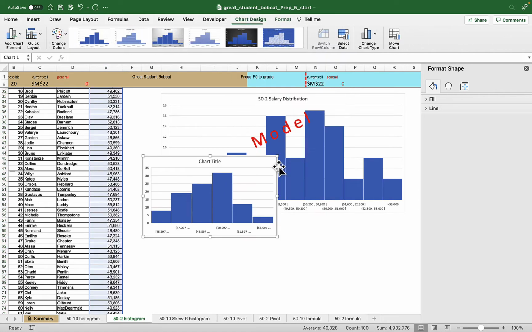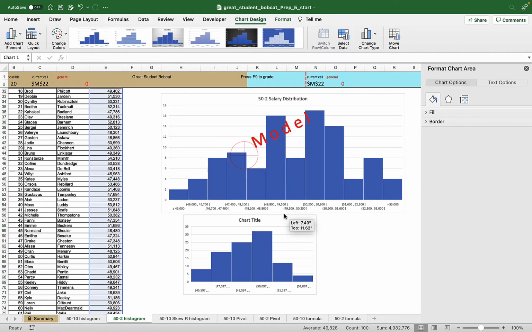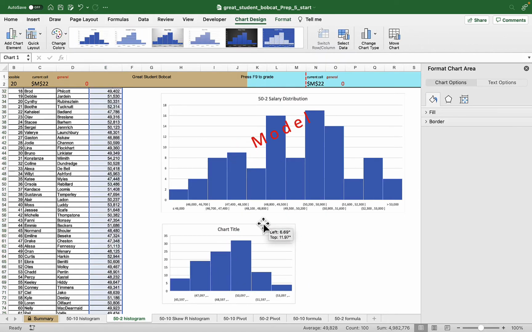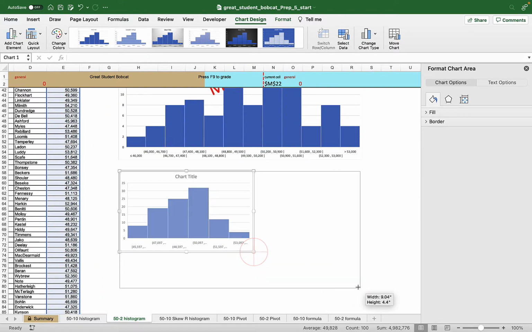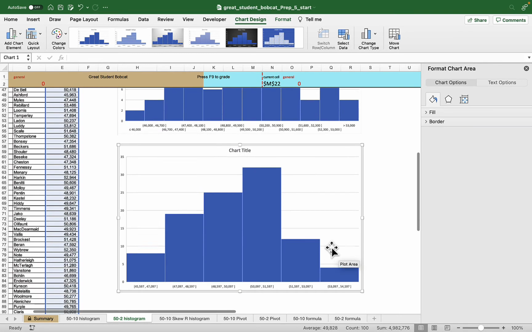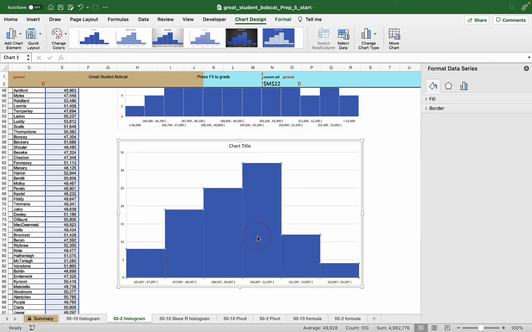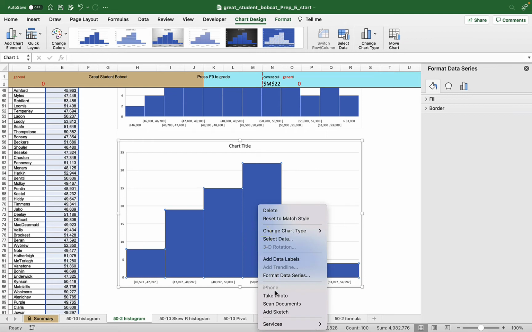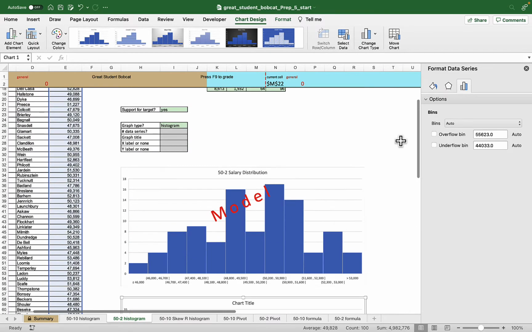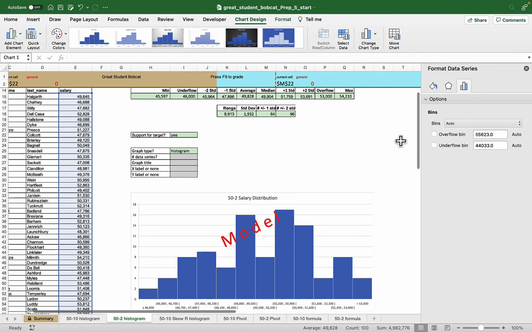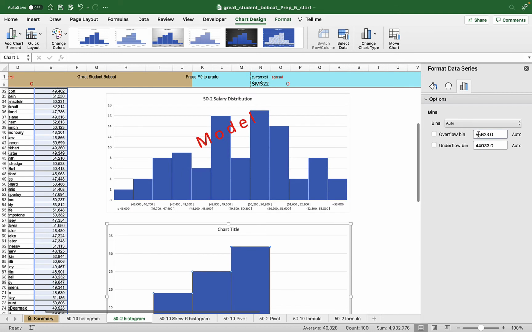There it is, histogram. Okay, double click this or right click, format data series, both do the same thing. Come over here to the bars and we'll put in our underflow and overflow, which is supposed to be 46 and 53,000.